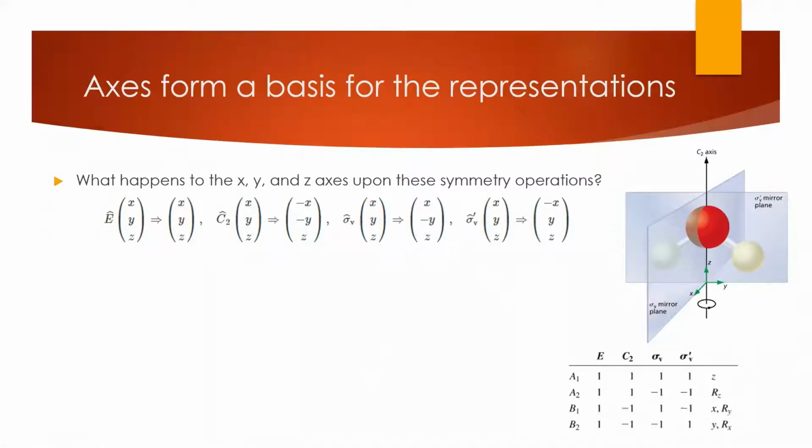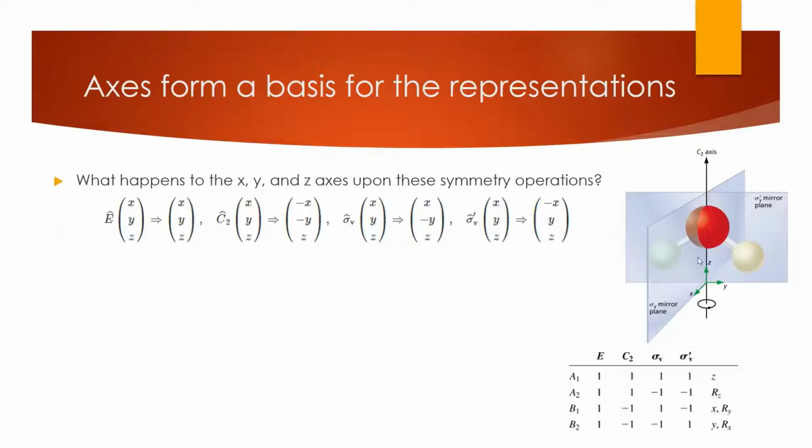We can also do this for rotations. What we'll do for rotations is look at the X axis here, and we'll ask what happens if we did a rotation along this X axis. If we picture rotations about the X axis, the X axis is coming through the molecule here.